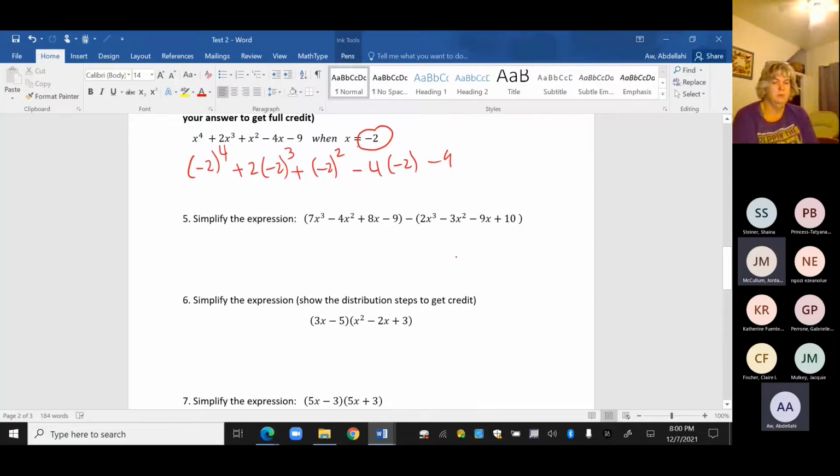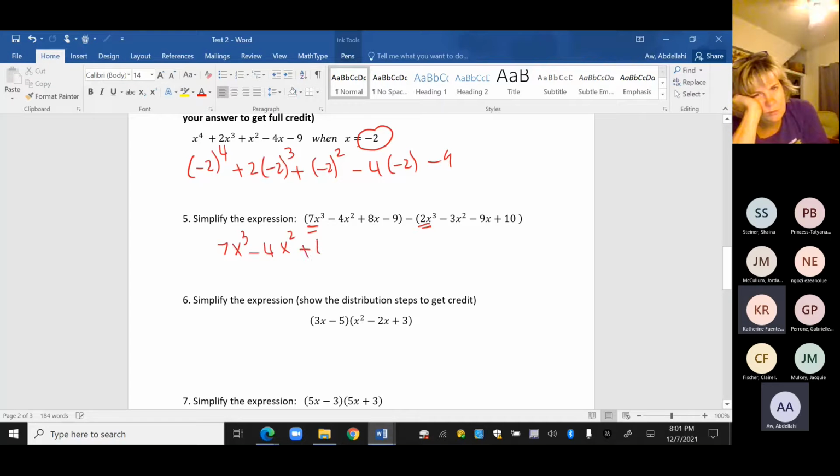Simplify the expression. You see here, we don't overdo it. We're going to combine like terms, right? First, we're going to take off the parentheses. It's going to be 7x cubed minus 4x squared plus 8x minus 9.